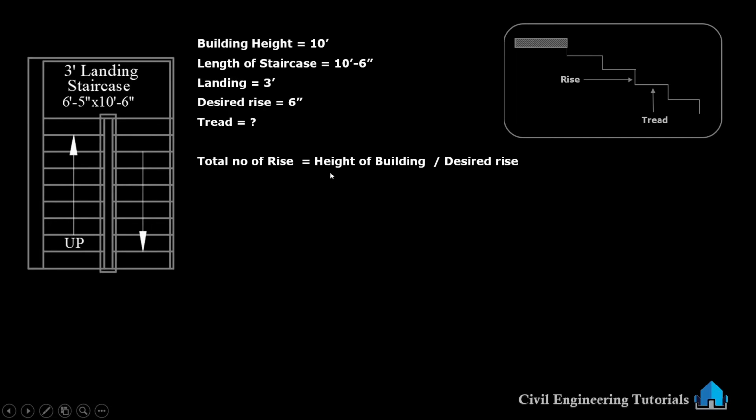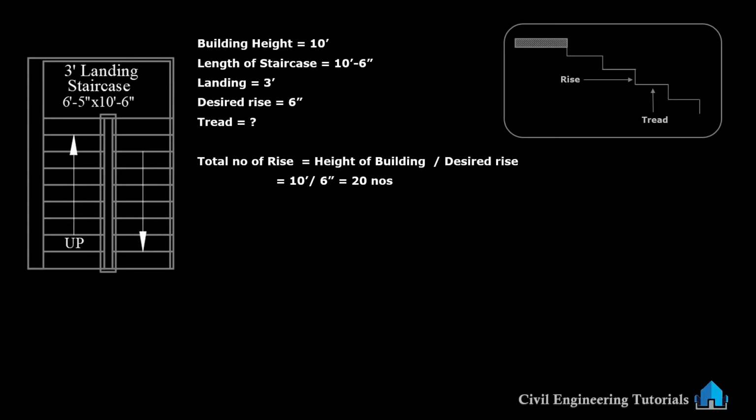Total number of rise, its formula is height of building divided by desired rise. Height of building 10 feet and desired rise 6 inch. So height of building 10 feet divided by 6 inch, we get 20 numbers of riser.